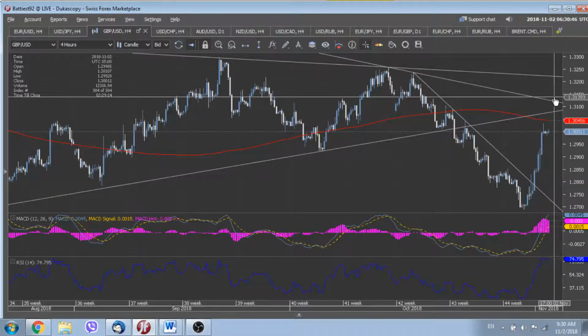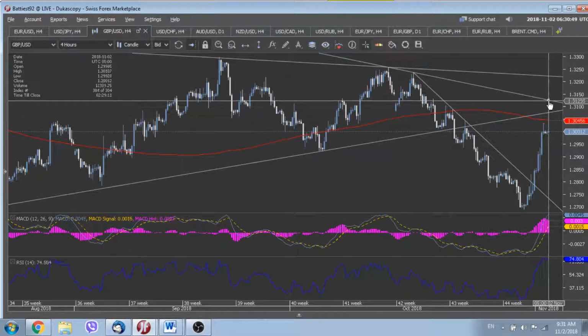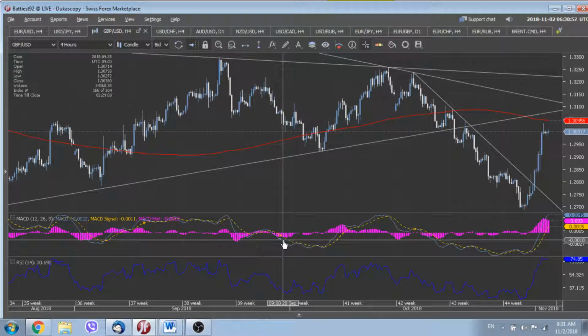Now the next level to watch is the 2018 downtrend line located around 1.3120, 1.3130, and in case of a break above this trend line, we should understand that we are forming a medium to longer term turnaround in the price of the cable, and you know how volatile the UK currency could be, so we could expect some more upside progress and reasonable progress from the cable.